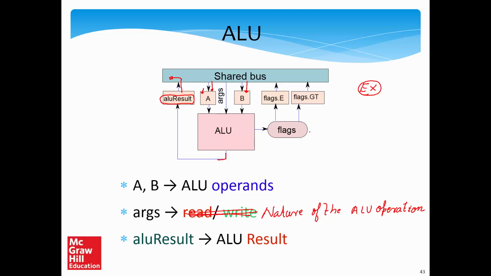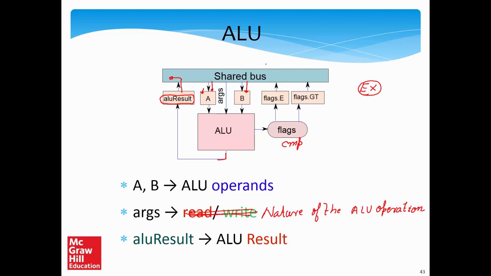Similarly, we'll have our flags register that we have discussed in our previous lecture, which stores the flag of a compare. We'll also expose the flags. So we'll have two small sub micro registers, flags.e and flags.gt, E for equality and GT for greater than. These two sub micro registers will also be able to export their values on the shared bus to whoever requires it.